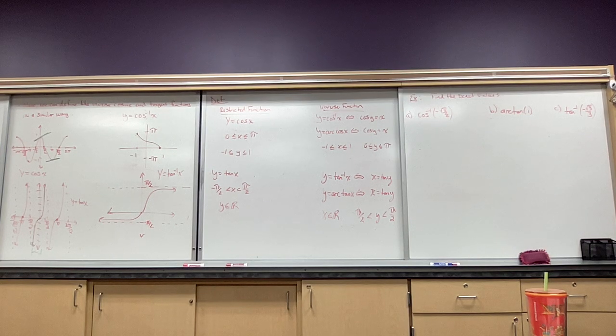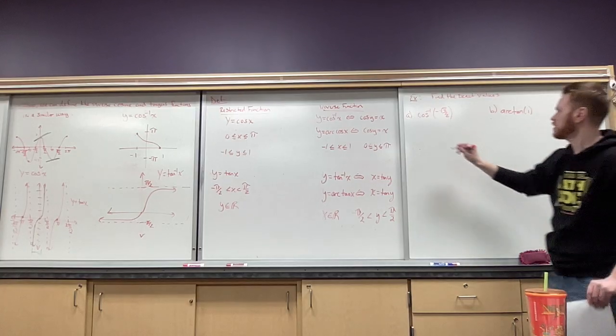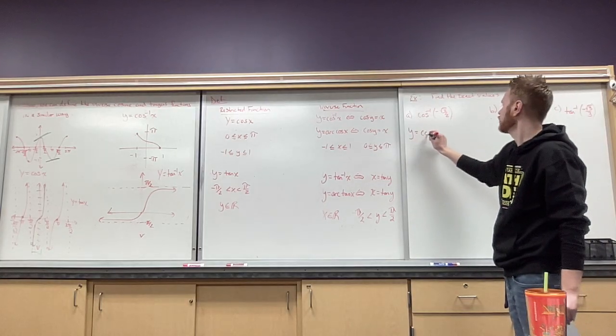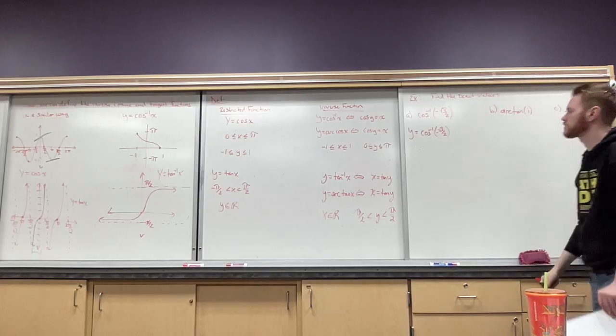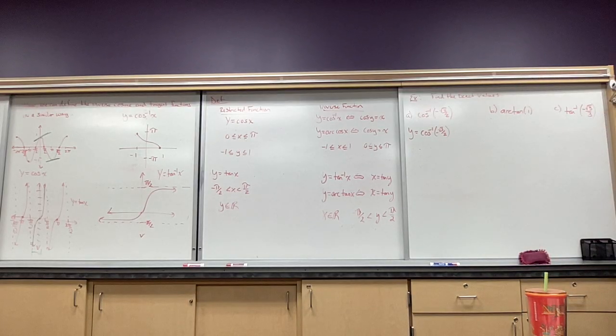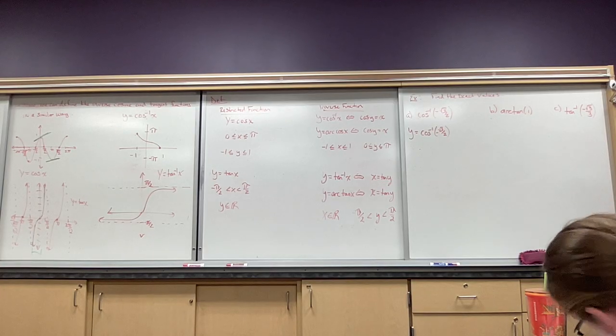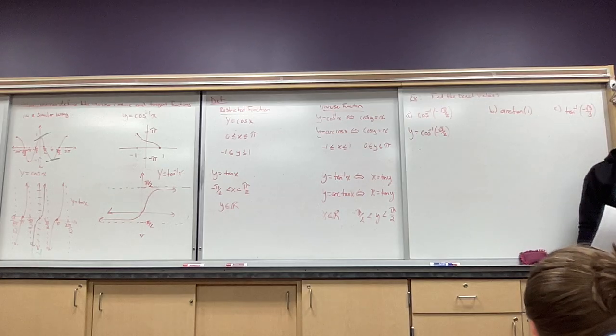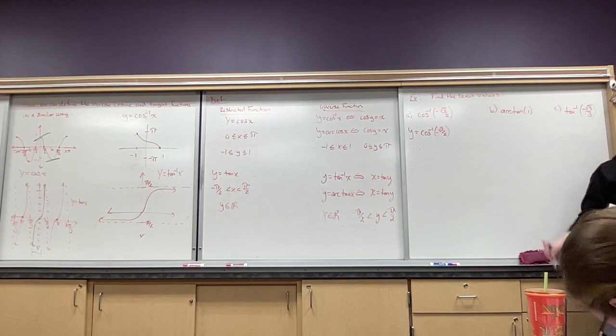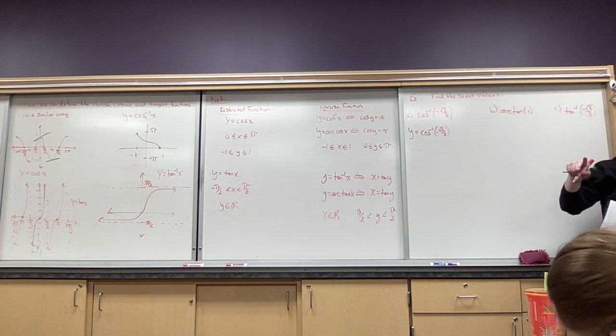I'm not going to do anything different. Looking at the first one, I'm trying to figure out what y value I get when I do the inverse of cosine with -√3/2. The first thing I want to do is think about √3/2 in just the first quadrant. What angle gives me √3/2 for cosine? Pi/6, right? You okay with that?